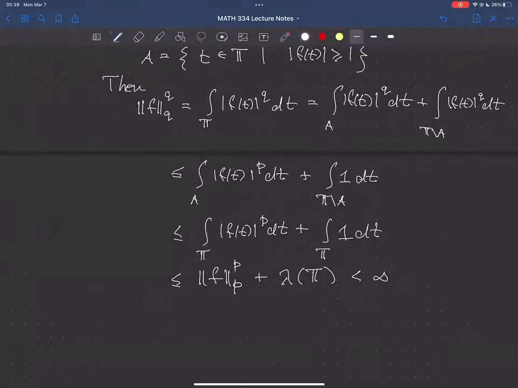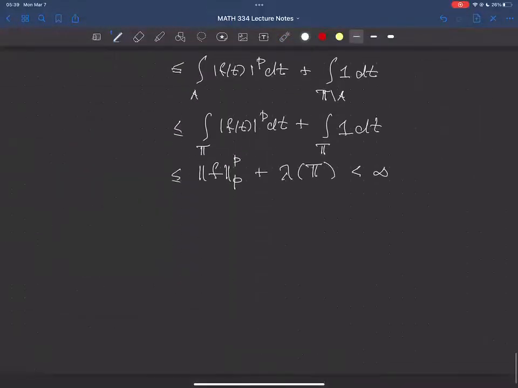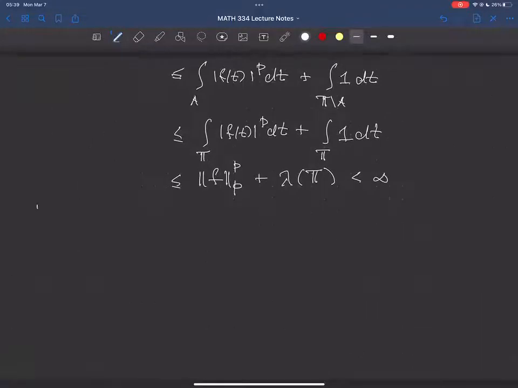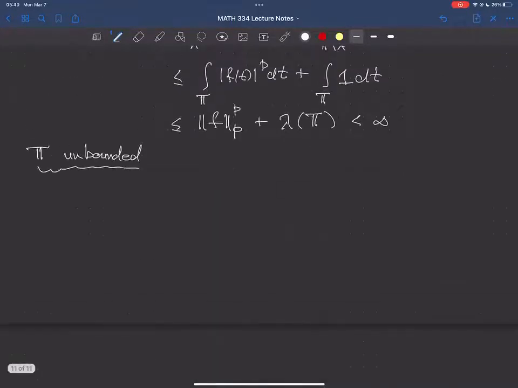So in the bounded case, I get these observations. Now, in the unbounded case, I need to think about C0 and the LP spaces. It's not included in any of the LP spaces in the unbounded case.